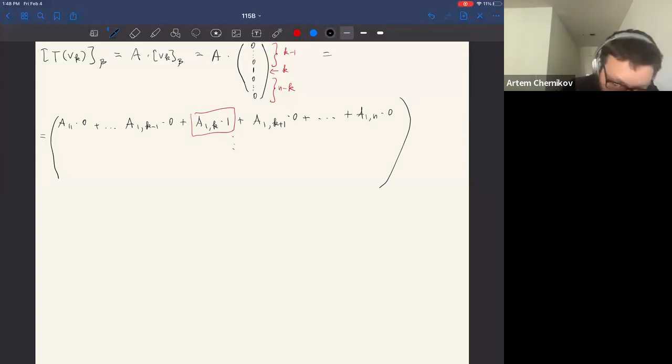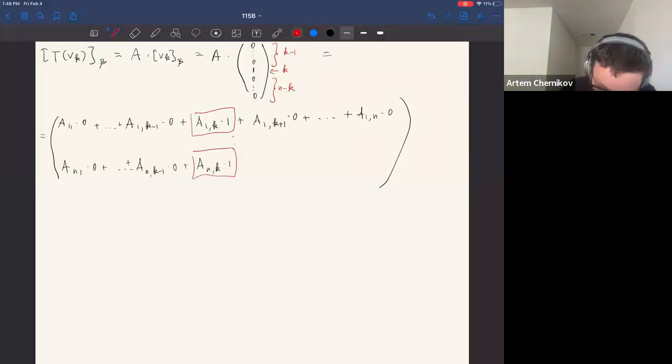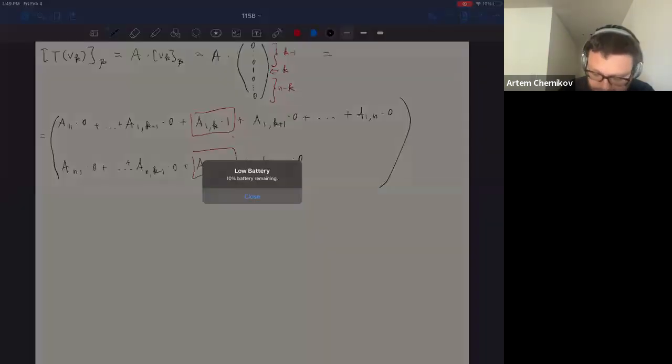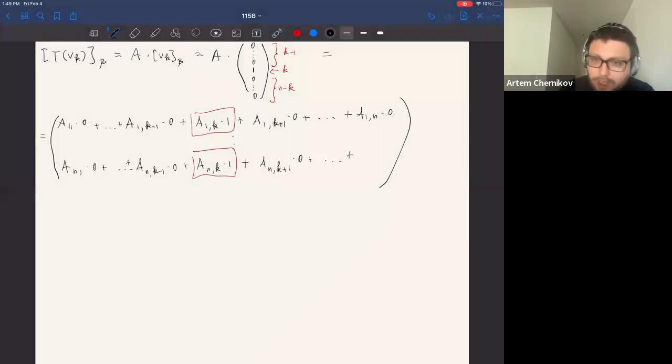Similarly for each row of the vector. And for the last one, we have an1 times 0 plus etc. plus an k minus 1 times 0 plus ank times 1, again the only non-zero entry, plus an k plus 1 times 0 plus etc. plus ann times 0.